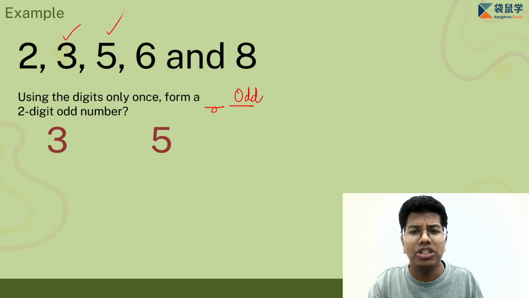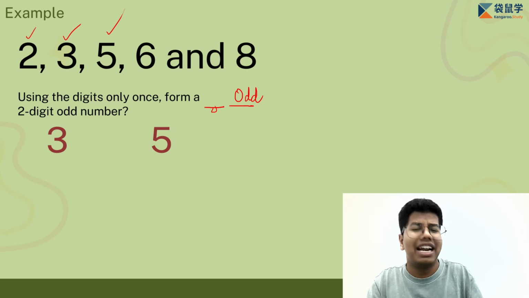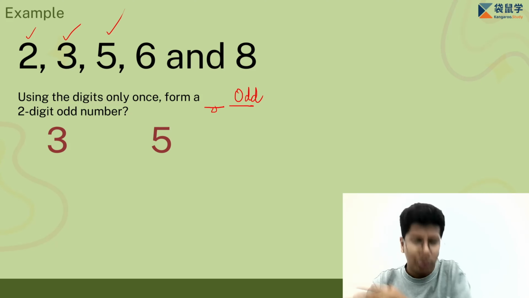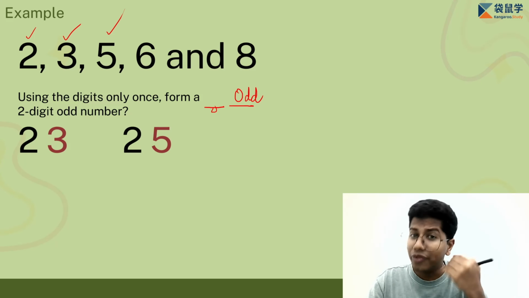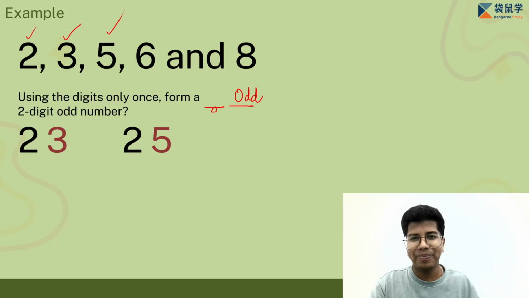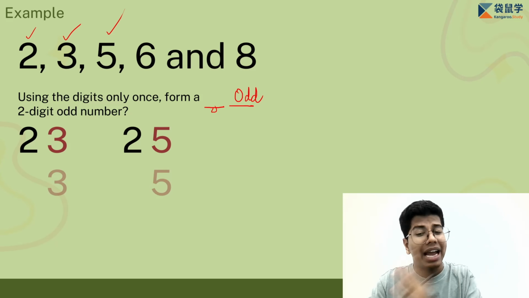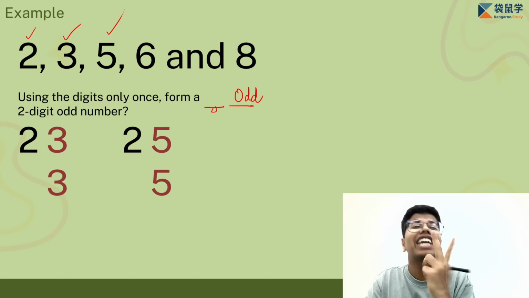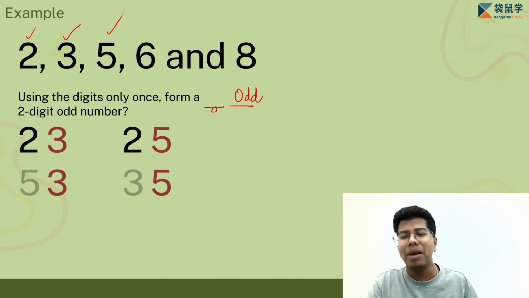Yes, we can first try it with 2. So I can place 2 with 3 and I can also place 2 with 5, giving us two numbers which are odd. Now, is this the only possibility? Of course not. If I keep the last digits the same, that is 3 and 5, the first digit I can interchange, making the two numbers 53 and 35.